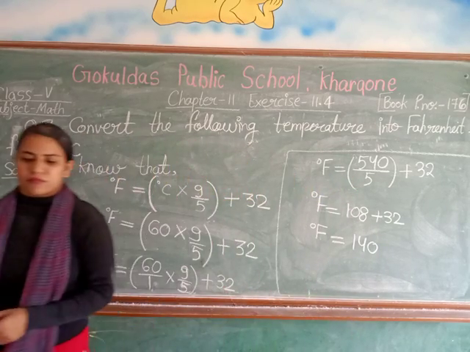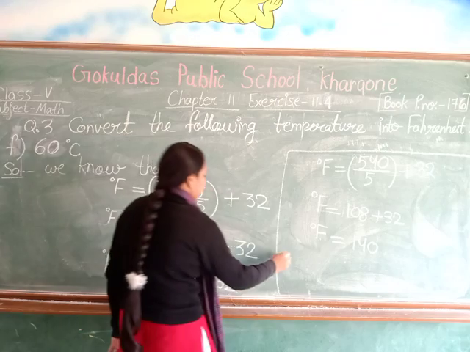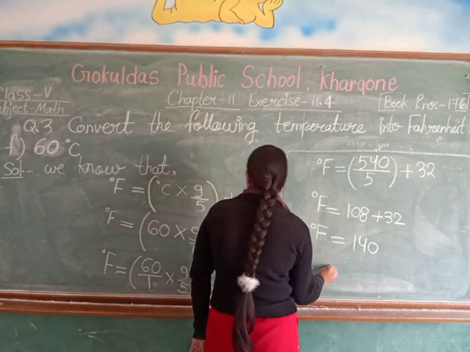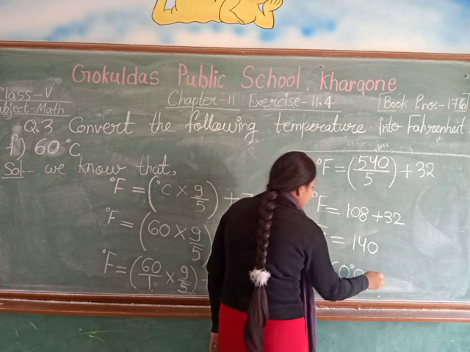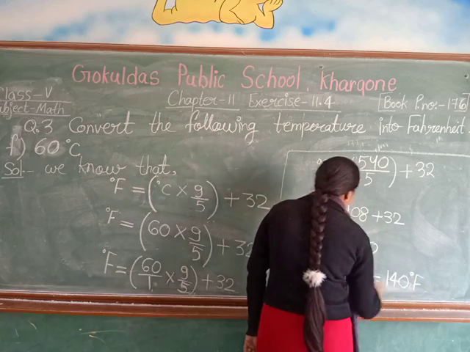When I add 108 with 32, what is my answer? My answer is 140. So in the final answer we will write 60 degree C is equal to 140 degree Fahrenheit.